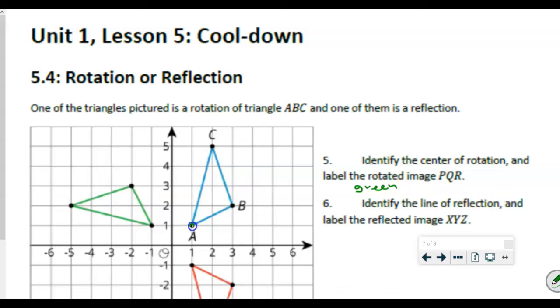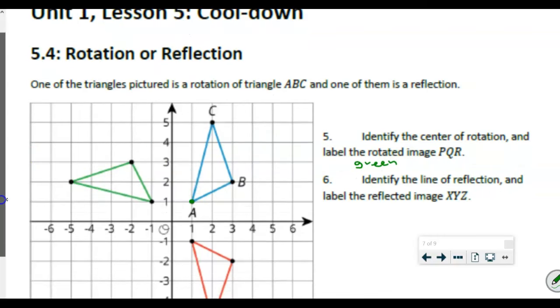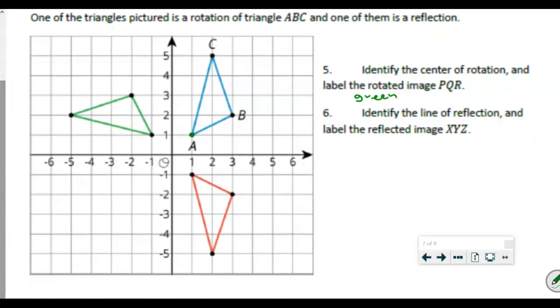So that means we didn't just spin it around A. What did we spin it around, Liam? Yeah, we spun it around the origin. The origin was that center of rotation. Because now, observe this. Do you see how A is one diagonal away? So the rotated A is one diagonal away. So green, and the center was the origin, (0, 0).